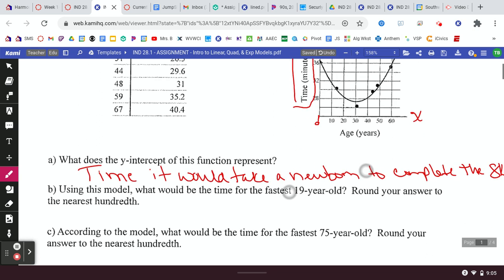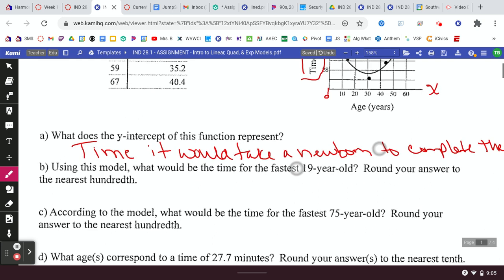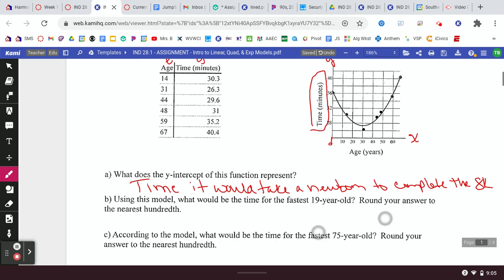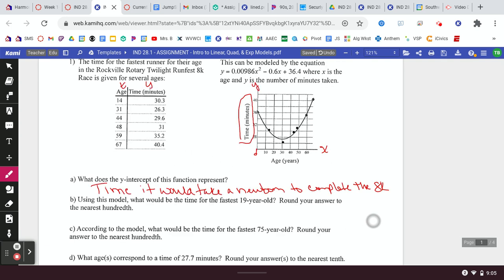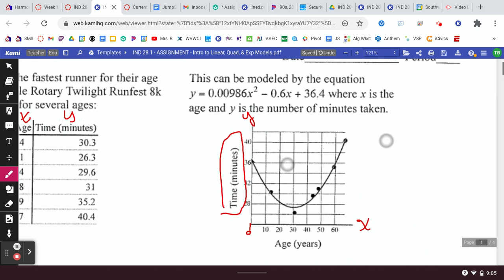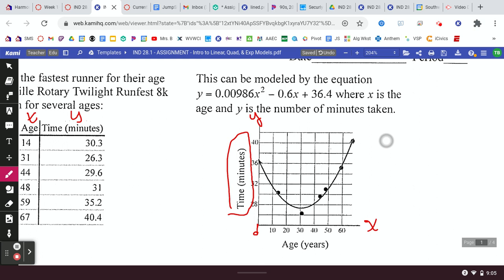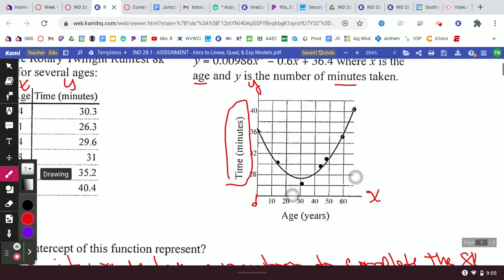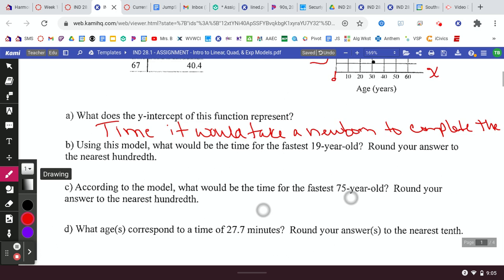All right, so then it says, using the model, what would be the time of the fastest 18-year-old? Well, again, they tell you in this model, here's your model, that x represents age and y represents minutes. So, I hate when it does that. If they give you the age, that's the x, you have to find the time.